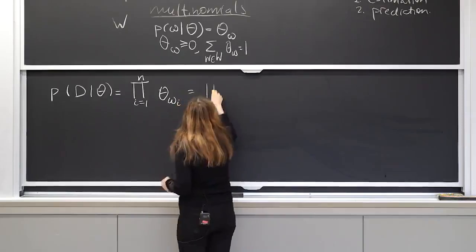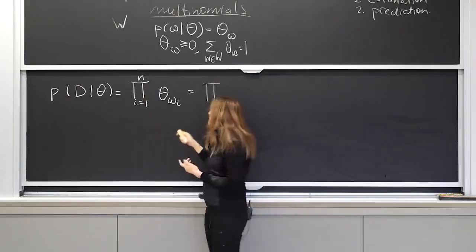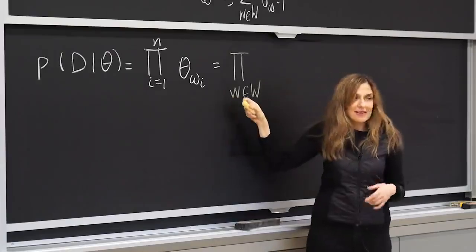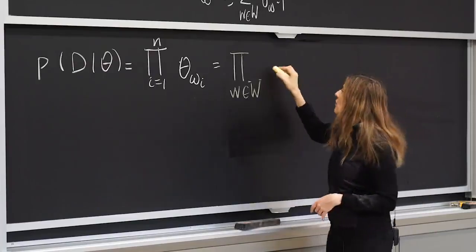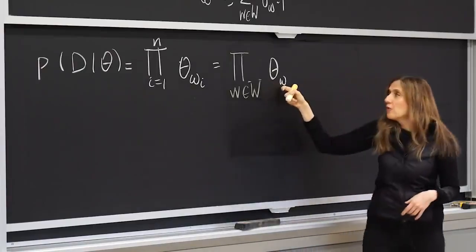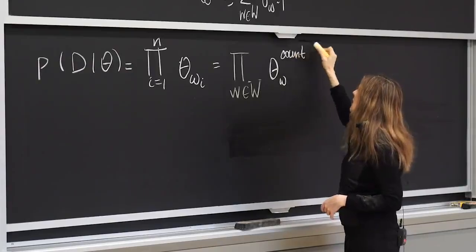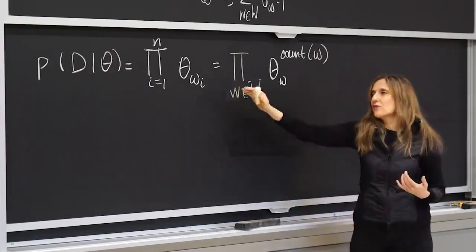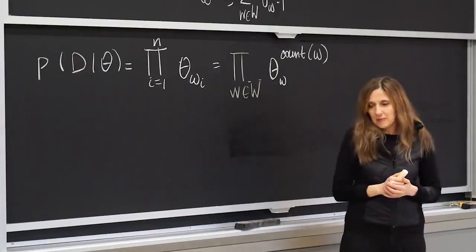So then, instead of making a product over all the words in the document, we will actually go over all the words in our vocabulary. So this is the vocabulary from above. And now we will take the probability for each word W and raise it to count W in our document. So those are two forms to write exactly the same thing, but I will primarily use this representation.